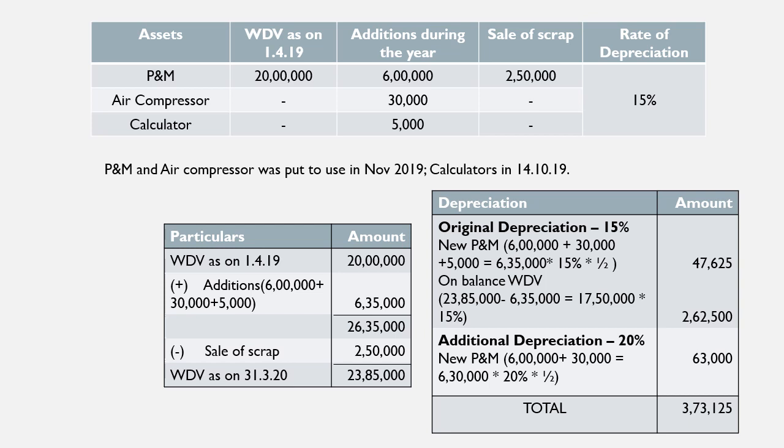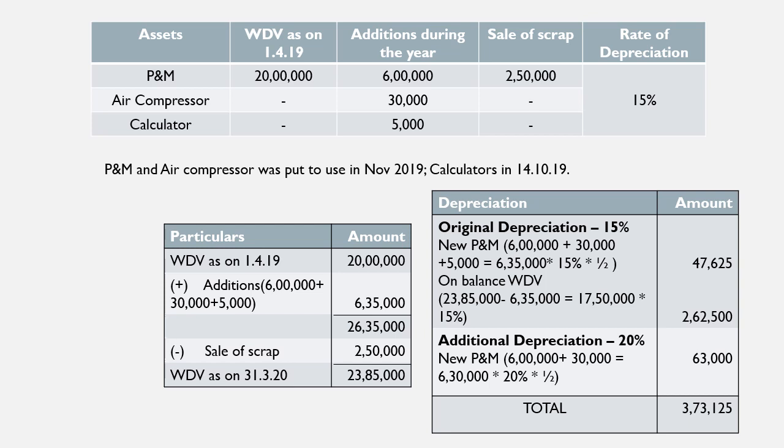Next comes the additional depreciation. Additional depreciation of 20% is applied only to plant and machinery which is used for the manufacture or production of articles, and if it is acquired and installed after 1/4/2005.